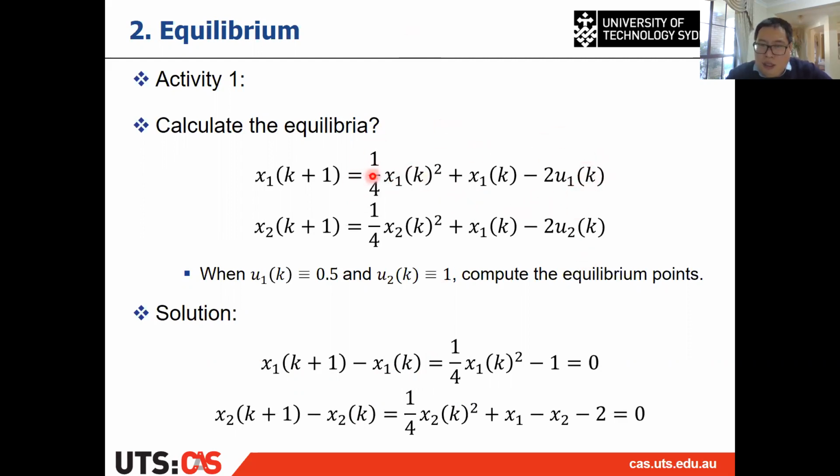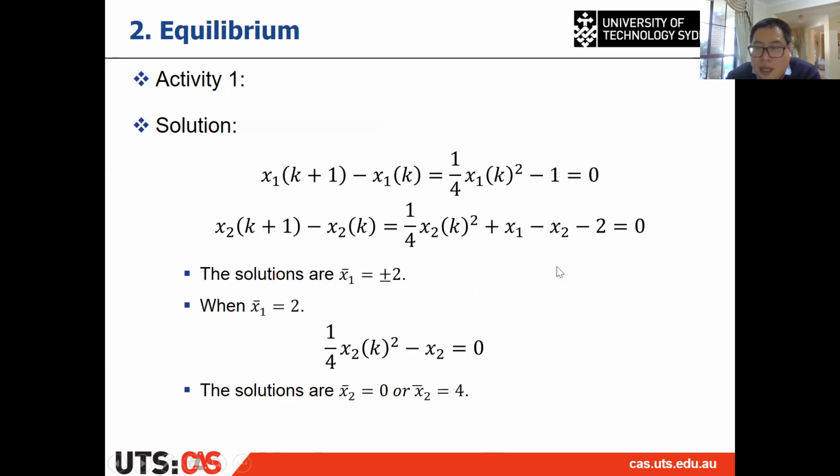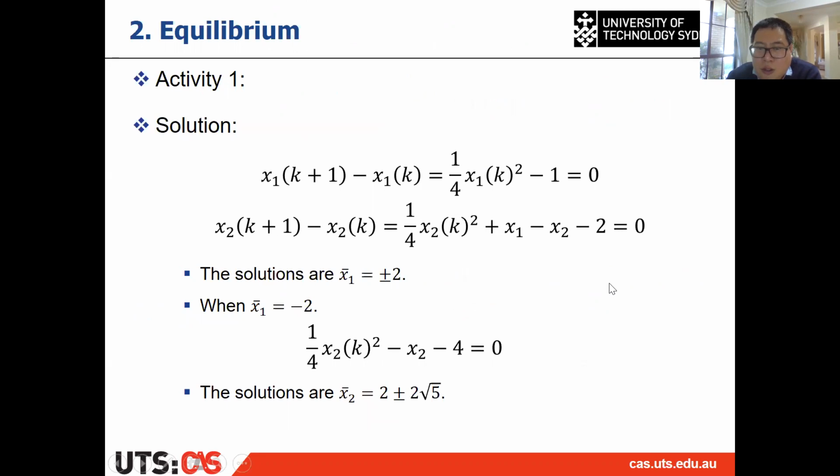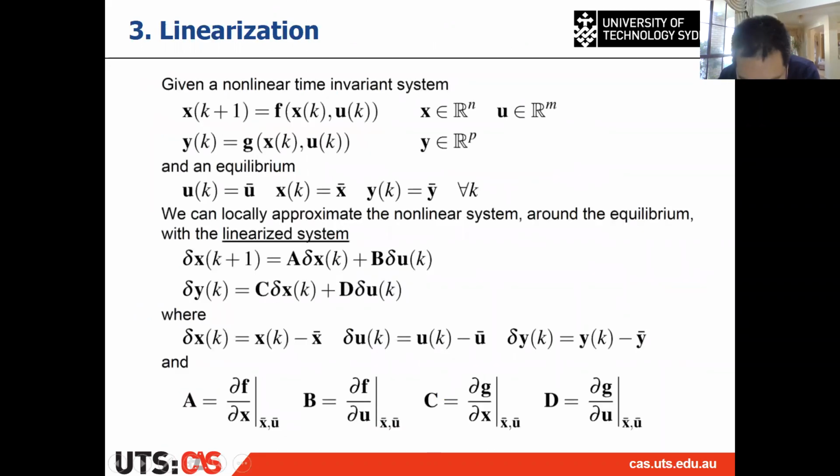Then you set xk plus 1 minus xk equal to 0, and you have the equation. Then solve the equations together, and the solutions are the equilibrium points. And you can have multiple equilibrium points for each of the nonlinear systems. All right, so that's the equilibrium points and how to solve for them.